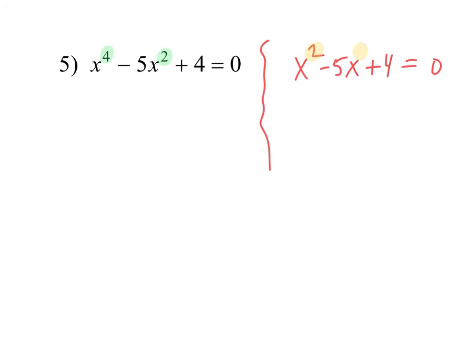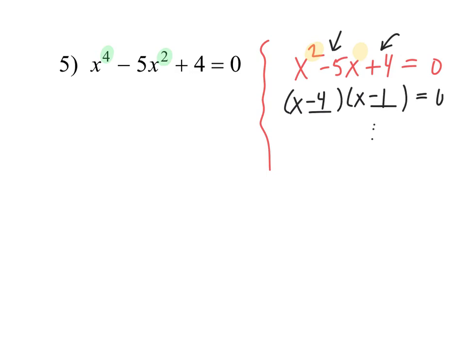If we think about how we would factor the one on the right, since it's x squared, we just need x and x in the first terms, and then we look for factors of 4 that add up to negative 5, like minus 4 and minus 1. Then we could finish that out.